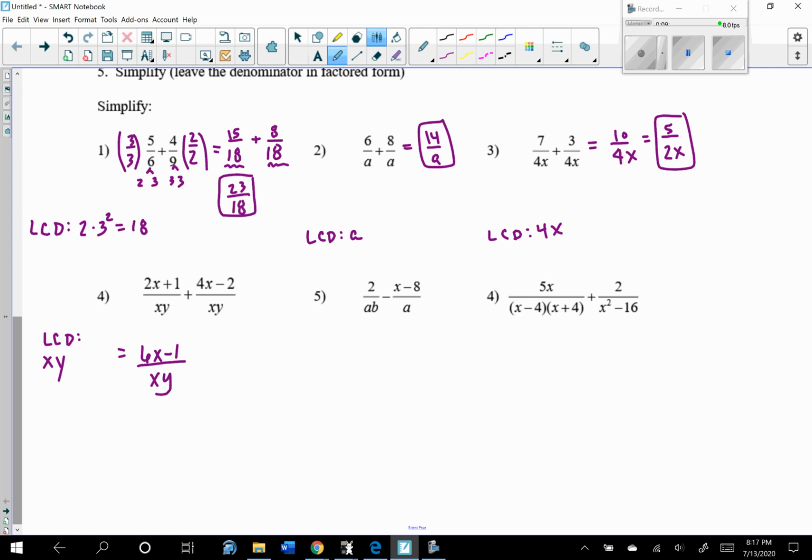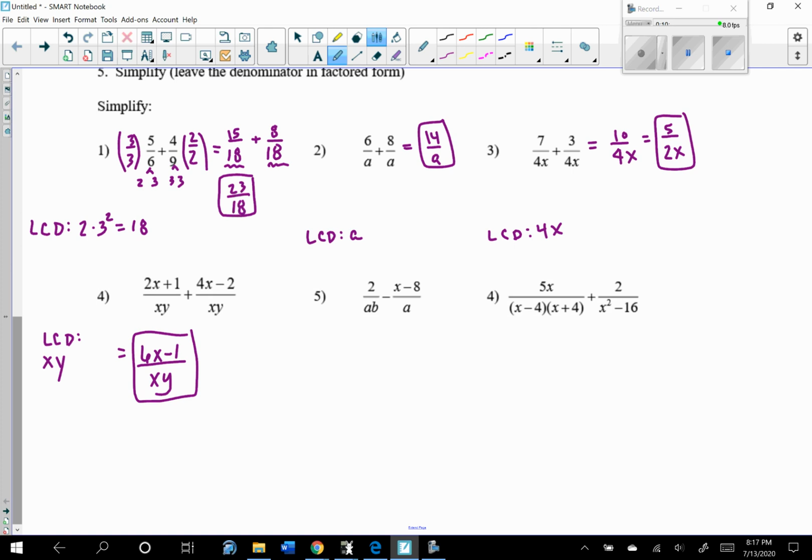And this does not simplify. Remember, you cannot cancel out those x's because we have 6 times the x minus the 1. If that minus 1 was not there, if we had instead 6x over xy, then you could cancel out those x's and write 6 over y, but because it's attached to that 1, you cannot do that. Remember, we talked about that the other day.